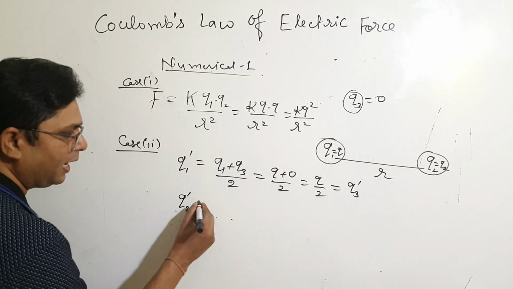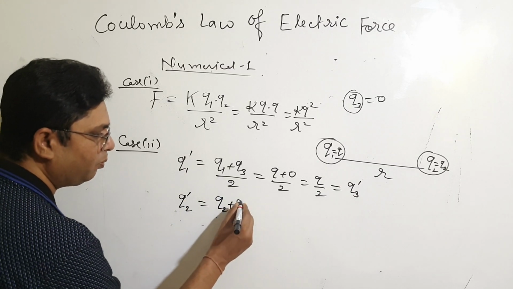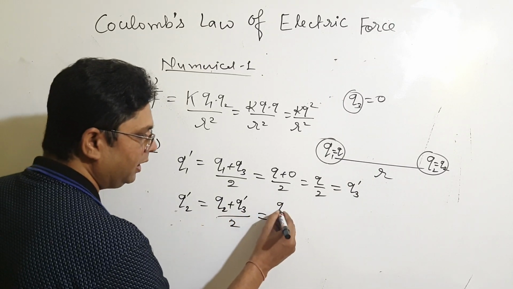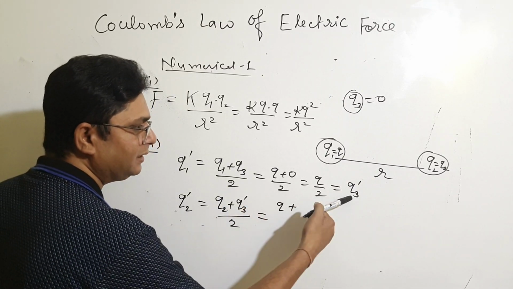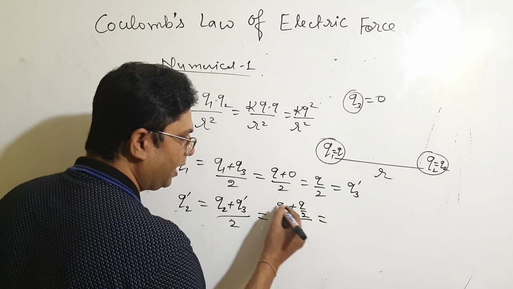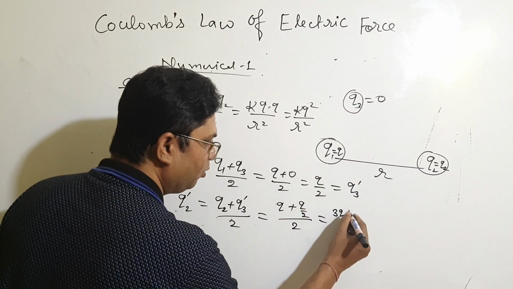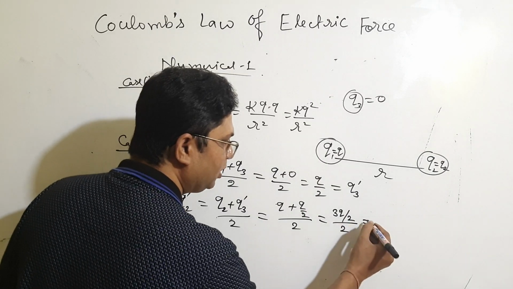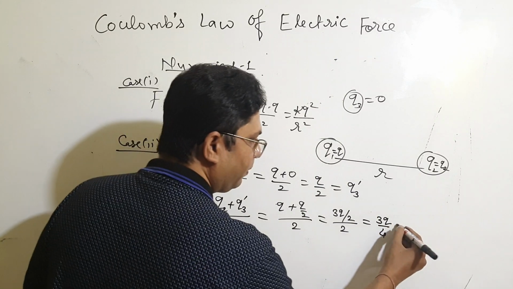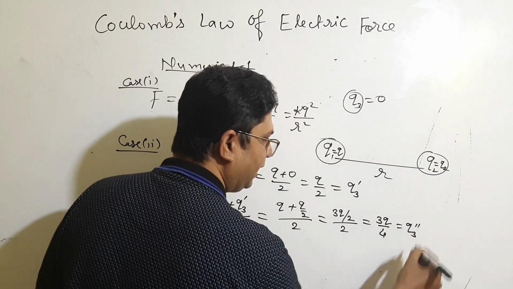So Q2 dash is equal to Q2 plus Q3 dash upon 2. Q2 is Q and Q3 dash is Q by 2, so you have 3Q upon 2 by whole 2, which is equal to 3Q upon 4. This is said to be Q3 double dash.